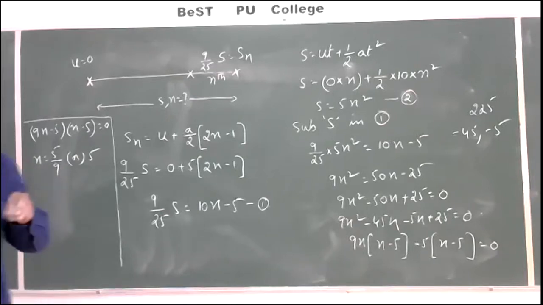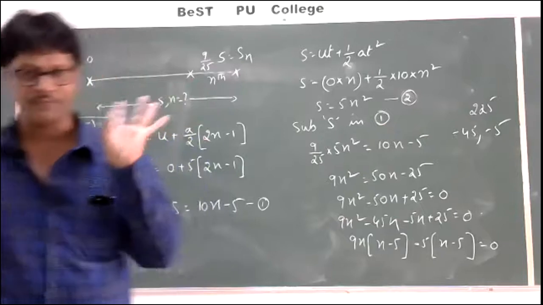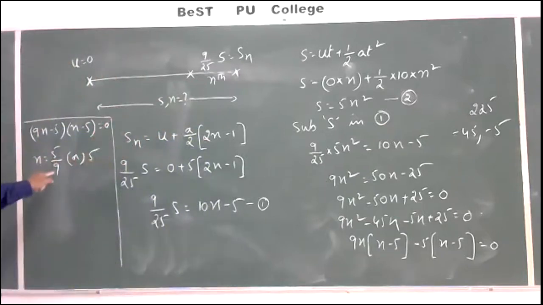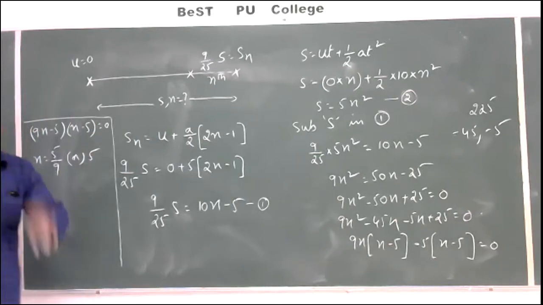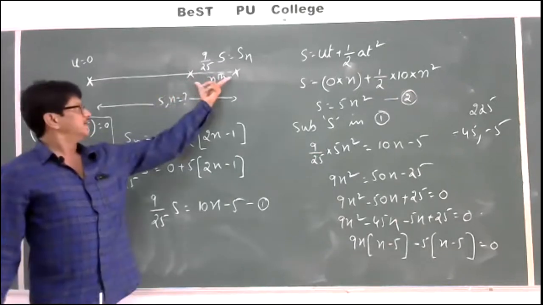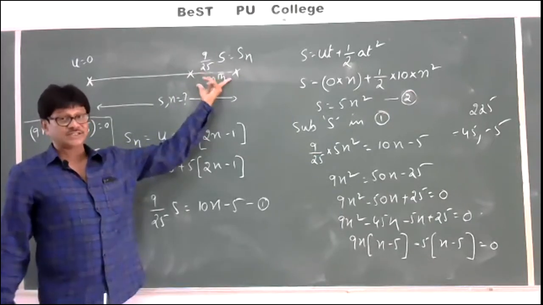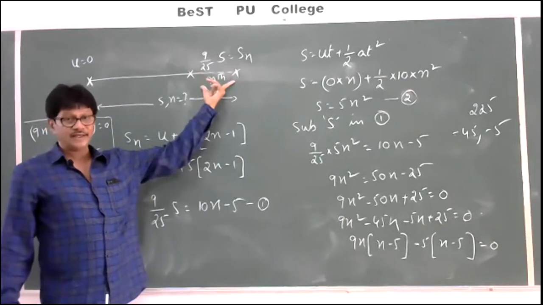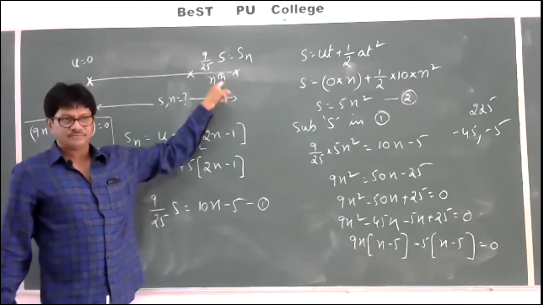In those two values, which value has to be considered? Which value should we take, 5 by 9 or 5? Listen carefully. He said that in the last second, n value should always be greater than 1 here.